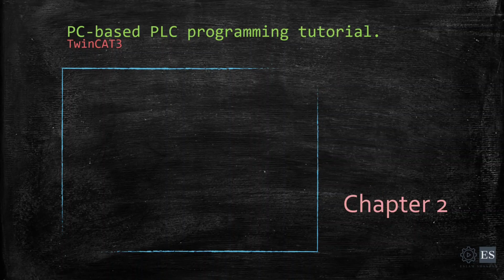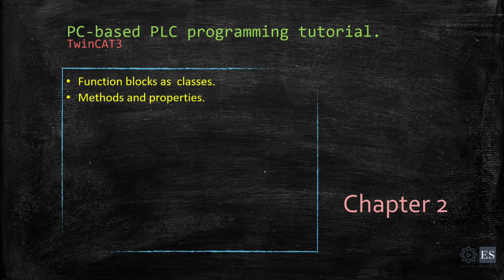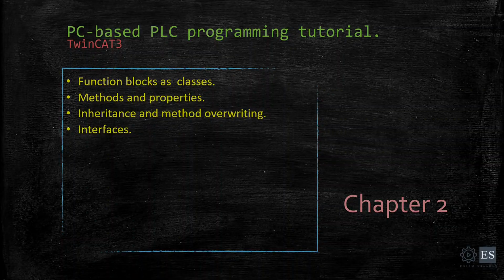On the other hand, we will learn how to implement the object-oriented programming concept within PLC programming. The main headlines within this topic are function blocks as classes, methods and properties, inheritance and method overriding, interfaces.